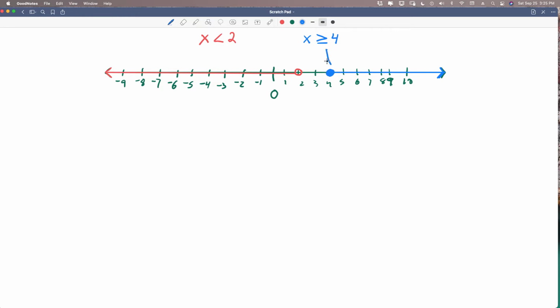If something is greater than or equal to, it's going to be a filled in circle. Let me see if I can write that. Filled in circle. This is a note you need to take. And then if it's less than, it's going to be an open circle.